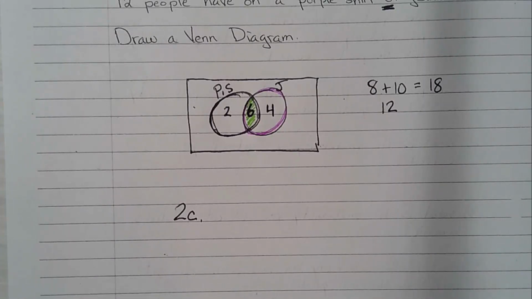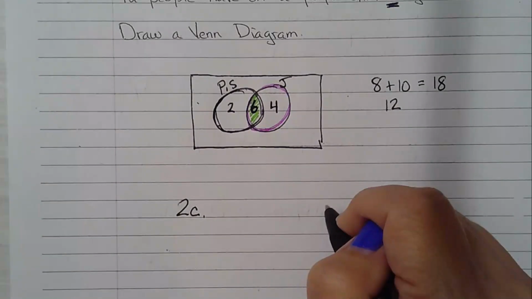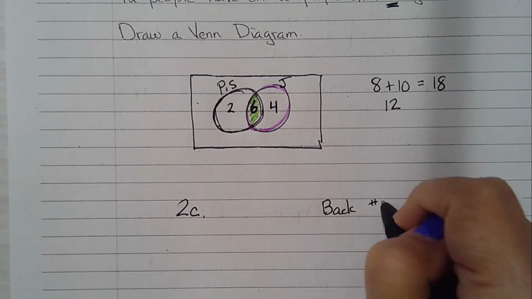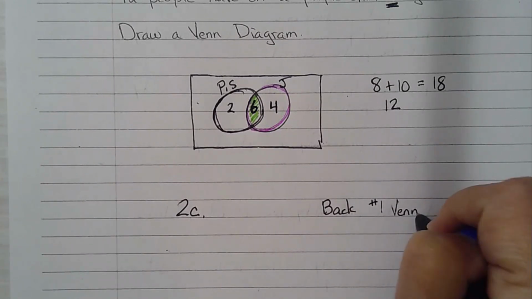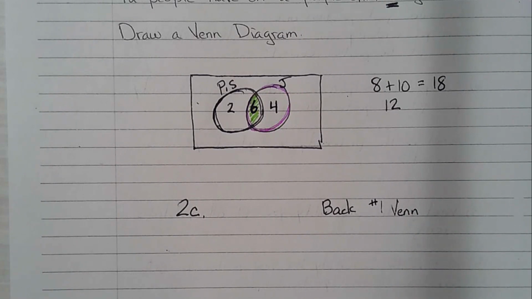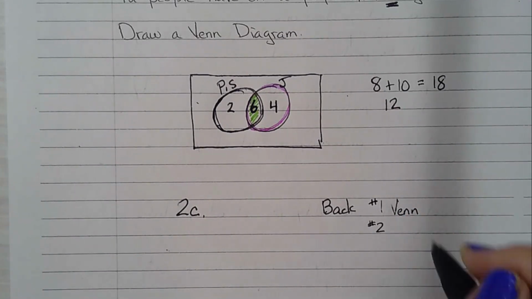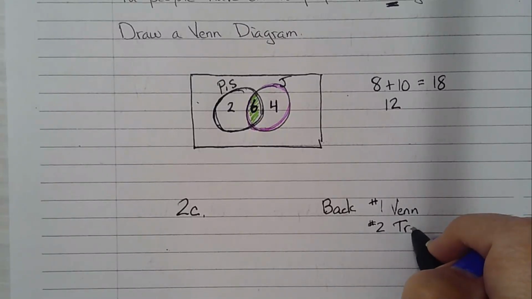On the back side, on question 1, that's where you're doing a Venn diagram. So on the back page, question number 1, I suggest a Venn diagram for that. And then question number 2 on the back, there are other ways to solve it, but I would suggest a tree diagram for that one.